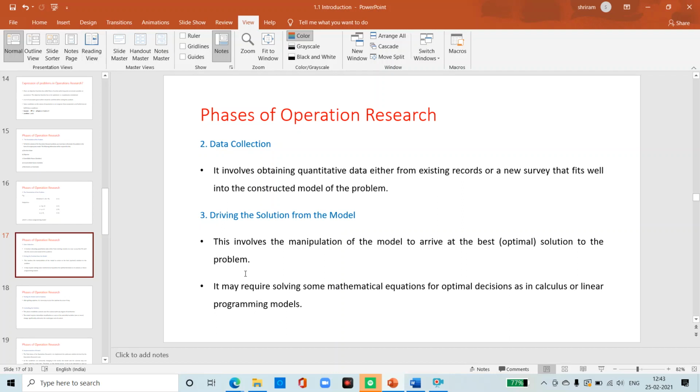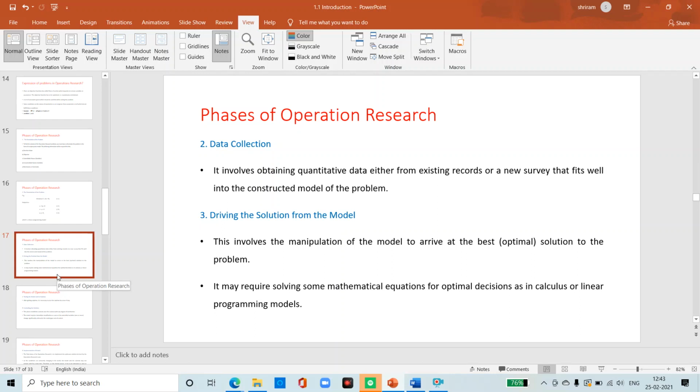Sometimes it may also use a logical approach or a functional approach, which does not require solving mathematical equations, such as queuing theory. The optimal solution is then determined by some criteria. The queuing theory concept we will discuss in the next unit.